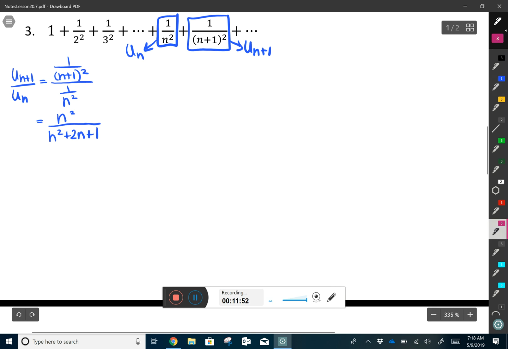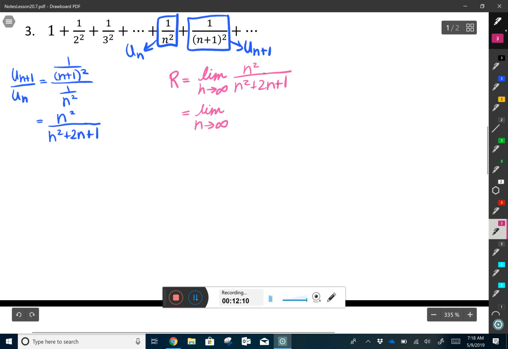And then I'm going to find my limit. So r equals the limit as n goes to infinity of n squared over n squared plus 2n plus 1. What's this limit going to equal? 1. So what is that going to tell us?